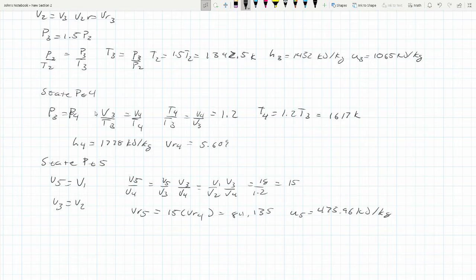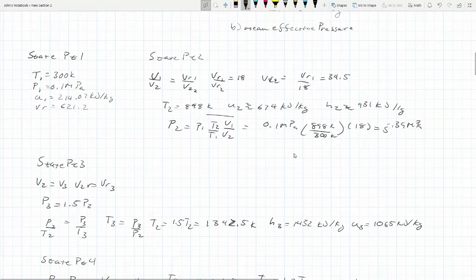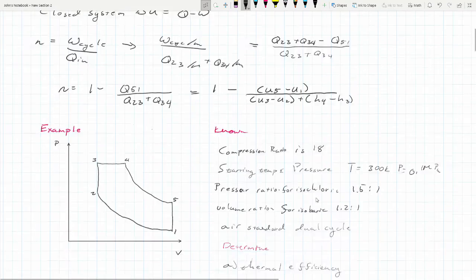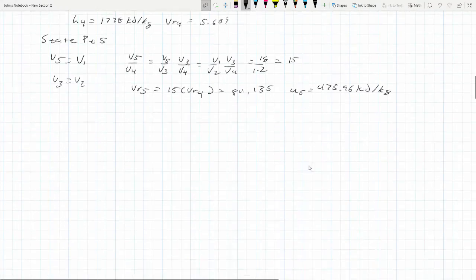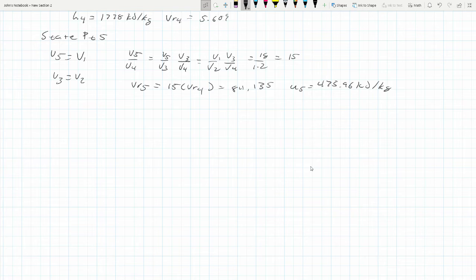State point 4, isobaric, same thing as before, ideal gas law, find T4, look at the table, get your enthalpy values, which you need for the efficiency equation here. State point 5, rinse and repeat.